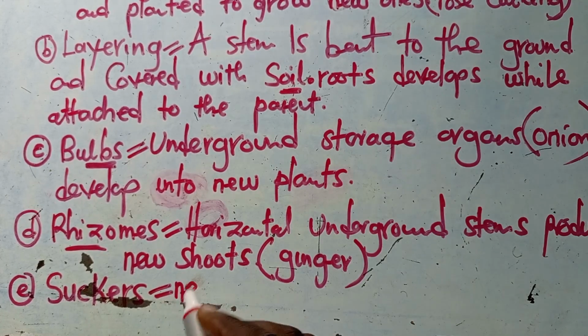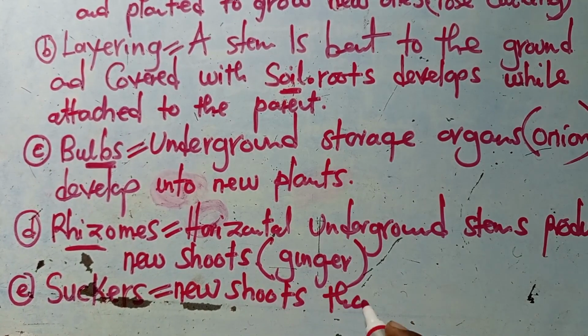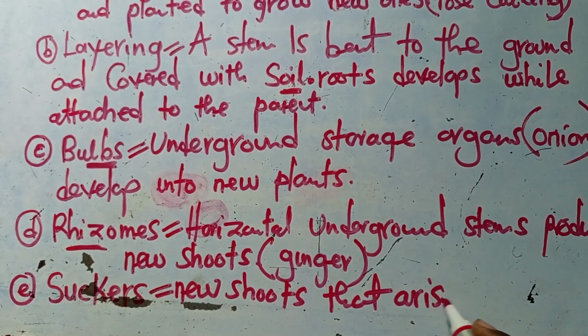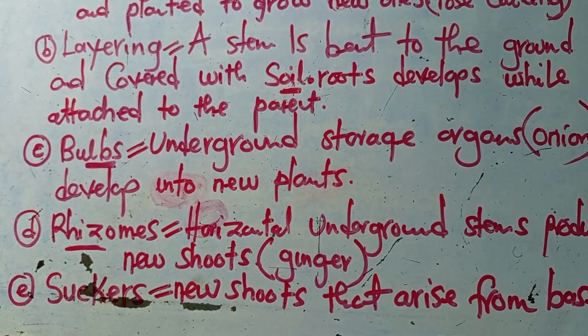New shoots arise from the base, and once they arise from the base, a new plant forms. These new shoots that arise from the parent plant stand and develop, and this one that is formed also produces another friend. This friend produces another friend.